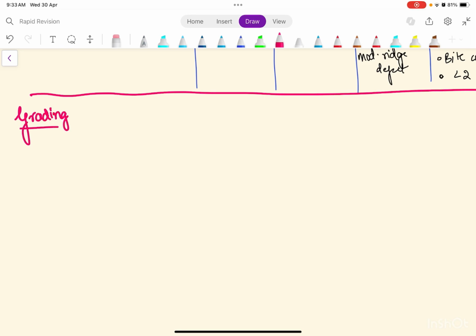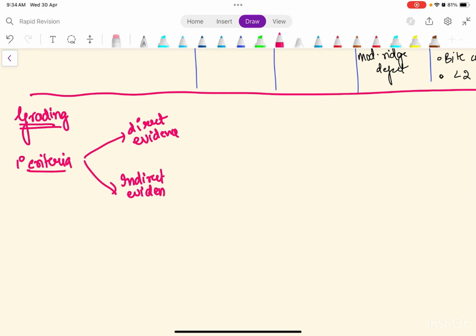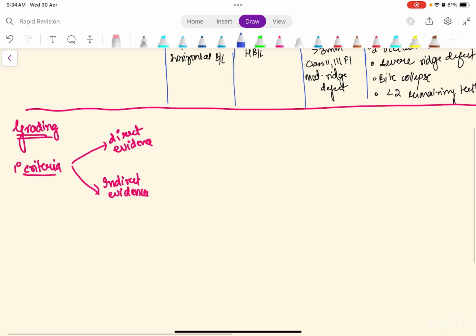Grading again has four components. First of all, we'll talk about the primary criteria. Primary criteria is based on two parts: the direct evidence and the indirect evidence.